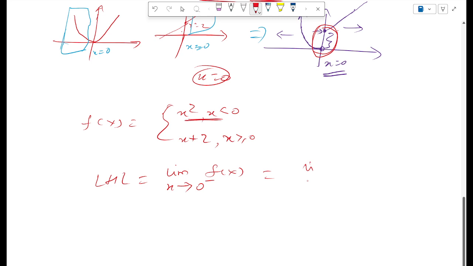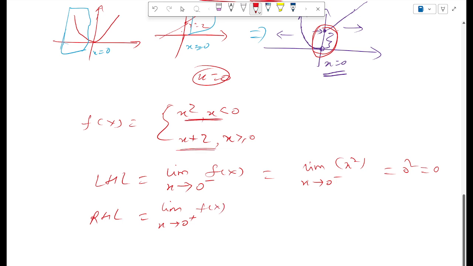It becomes the limit as x tends to 0 minus of x square, which is 0 square, and that is 0. Now the right hand limit: limit as x tends to 0 plus of f(x).